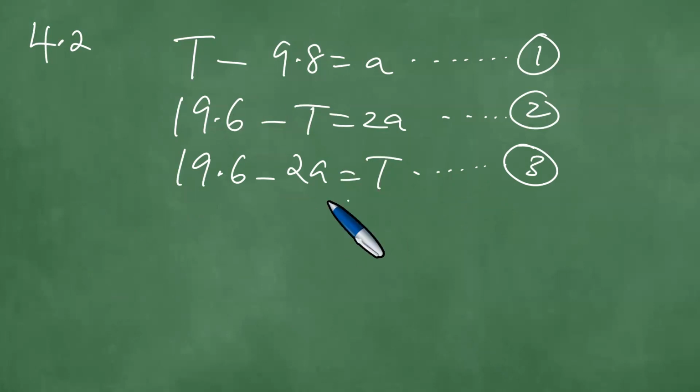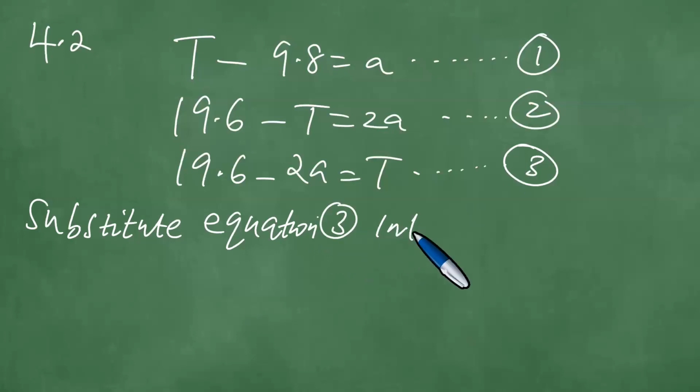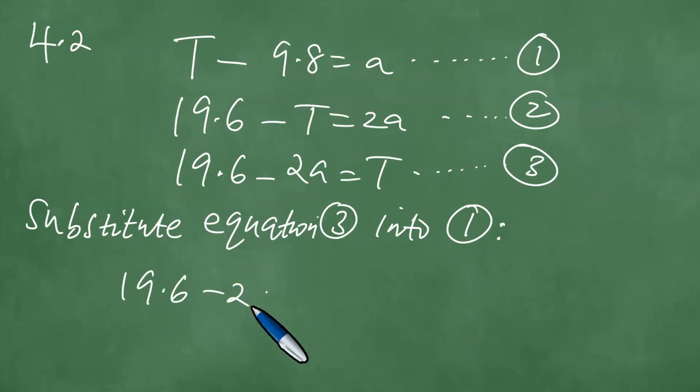So now we can substitute 3 into 1. In the place of the T is this: 19.6 minus 2a, minus 9.8, which equals a.